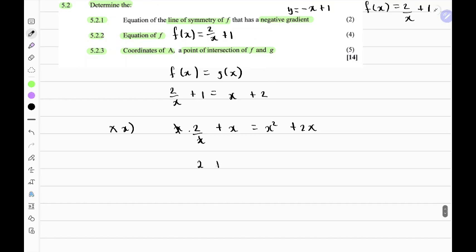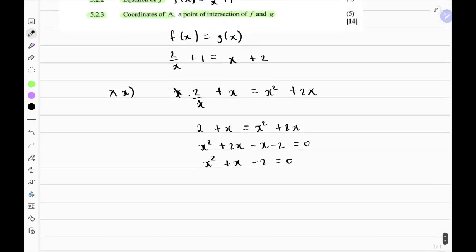So we have 2 plus x is equal to x squared plus 2x. So rearranging the equation, we get x squared plus 2x minus x minus 2 is equal to 0. x squared plus x minus 2 is equal to 0.